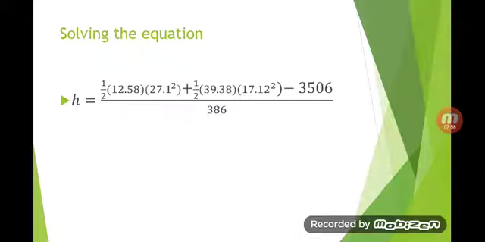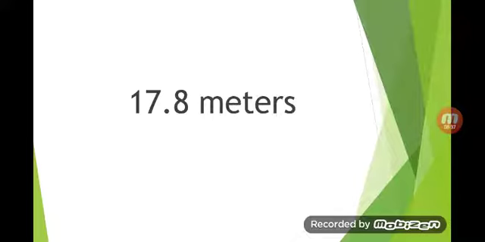And you get h is equal to 1/2 times I, which is 12.58, times 27.1 squared, which is the angular velocity, plus 1/2 mass times velocity squared, minus 3,506 joules made by friction, over weight. And once you plug that all in, you get the answer, which is 17.8 meters.